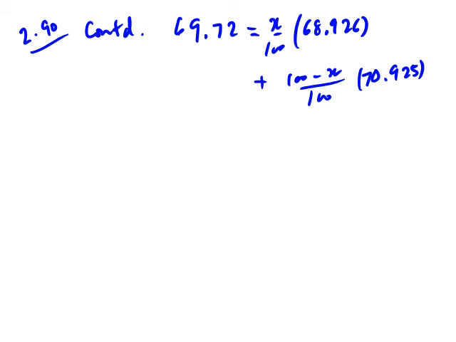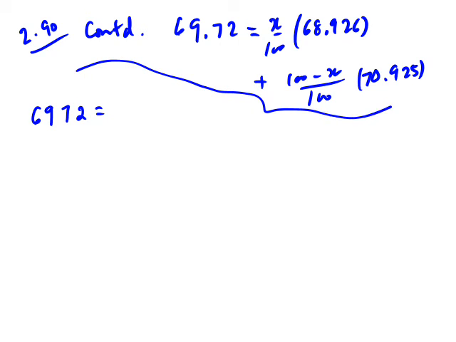Multiplying both sides by 100, you're going to have 6972 equals, since I multiplied by 100, there is no 100 at the bottom now. Let's draw a line here so that we clearly see what's happening.